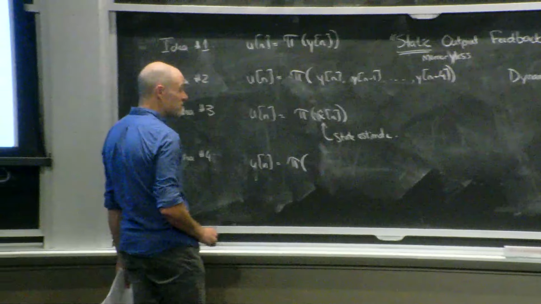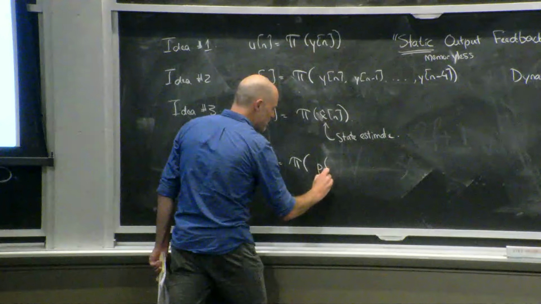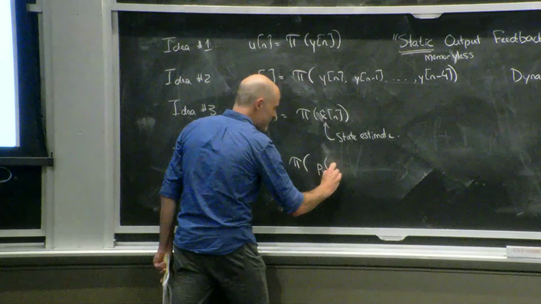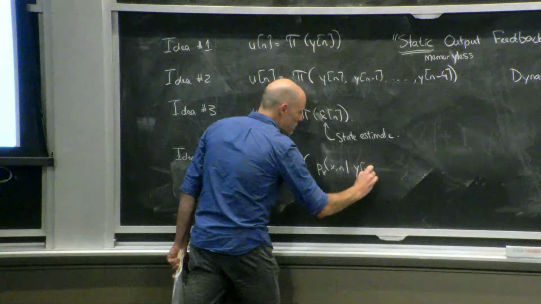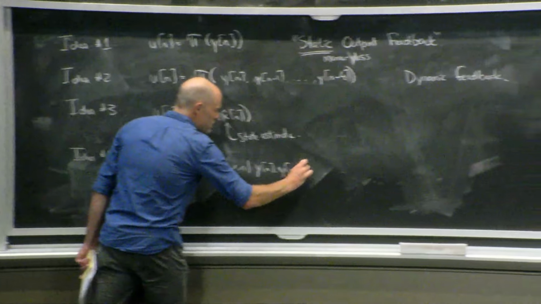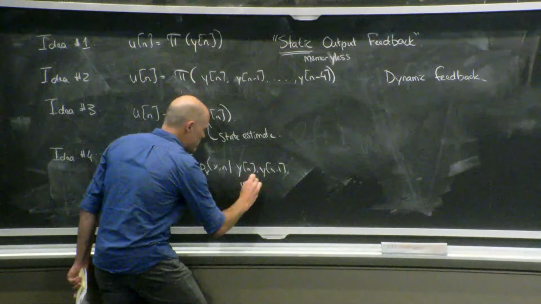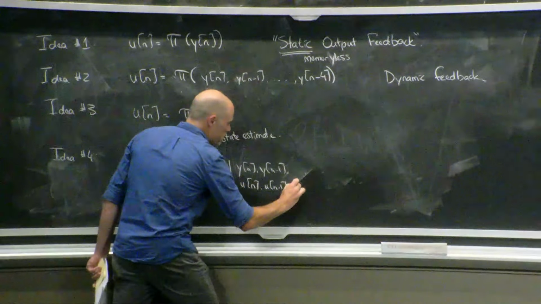And then maybe the most complete answer is if I give you the probability distribution over x, which is dependent on all of the previous observations and all of the previous actions.